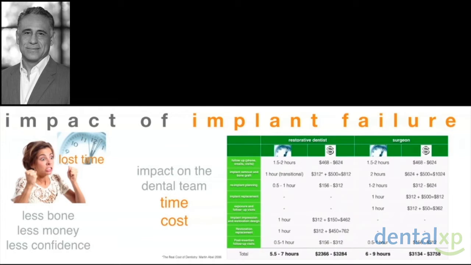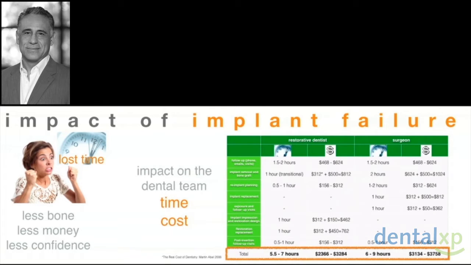the treating doctors. If you look at the entire treatment for a redo of a case of implant failure, everything from follow-ups to implant removal to the planning and replacement of the implant and refabrication of the restorations, we can see that there is a vast amount of time and economics that are involved both for the restorative dentist and the surgeon.